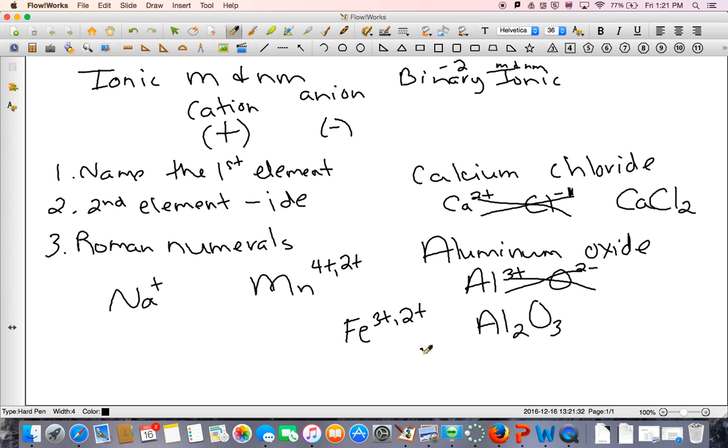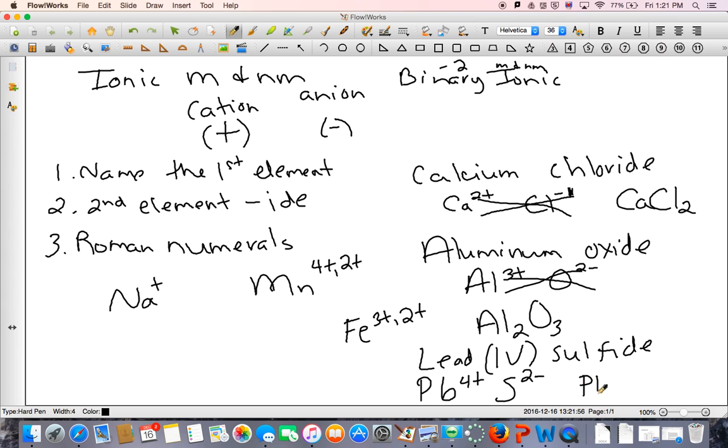Okay, last one. Let's go lead IV sulfide. As we talked about in class, remember the Roman numeral tells us the charge. It's not the subscript. I repeat, it is not the subscript. It tells us the charge. Sulfur was a 2 negative. The closest number these guys have in common is 4.